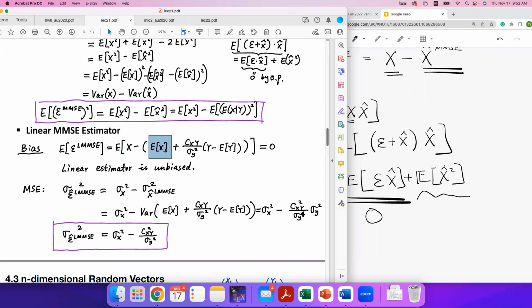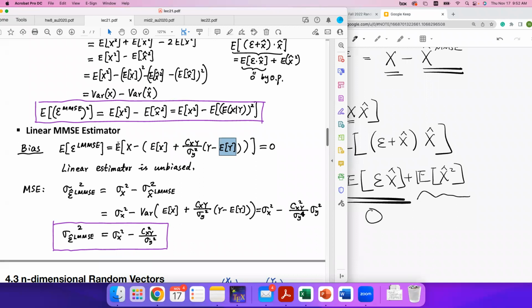So in expectation, these two get canceled. Similarly for the second term, these coefficients, covariance and variance, are constants. This is the mean of y. These are all constants.